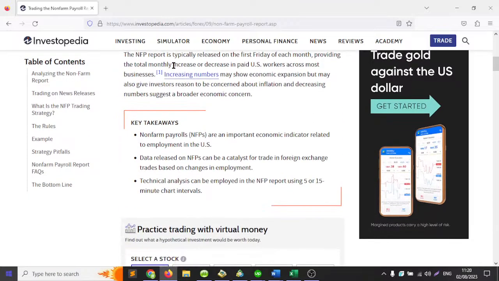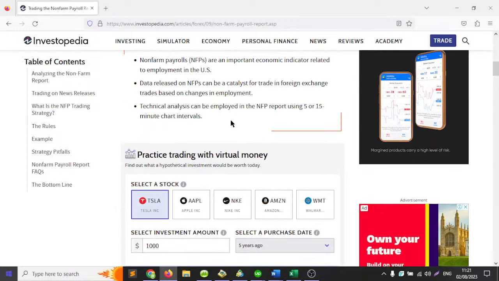It says the NFP is typically released on Fridays of each month, providing the total monthly increase or decrease in paid workers across most businesses. An increased number may show economic expansion, but may also give investors reasons to be concerned about inflation, and decreasing numbers suggest a broader economic concern.